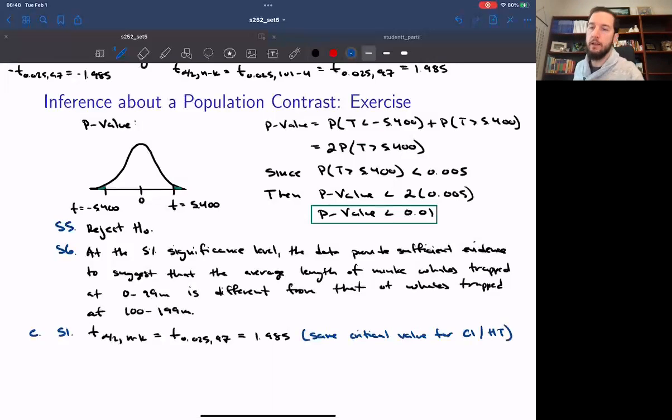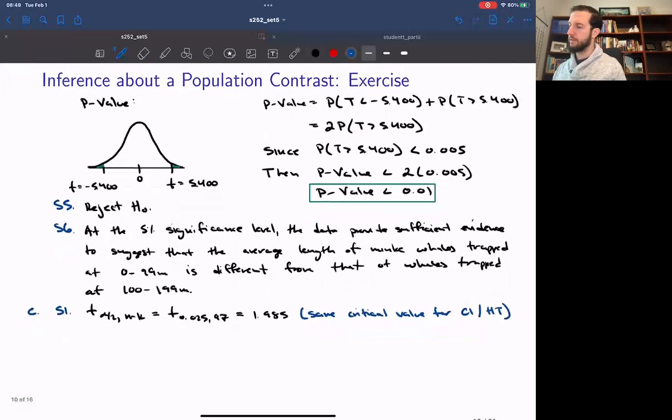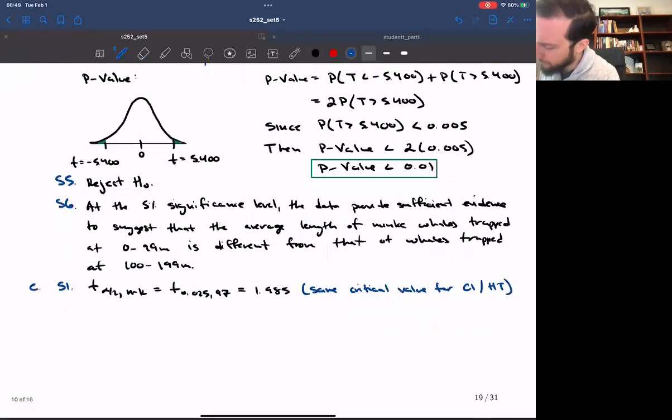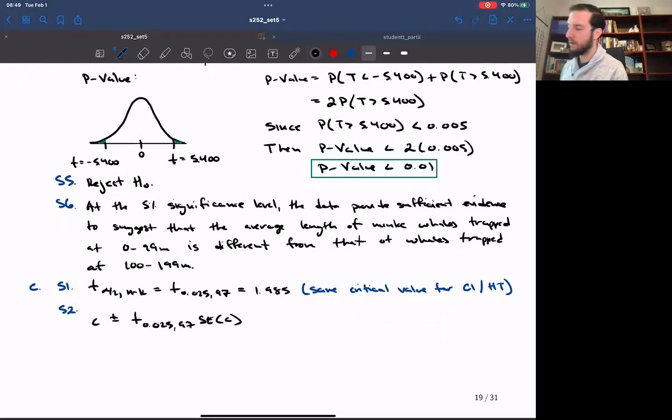Okay, so we have the same critical value for the confidence interval and the hypothesis test. So when we have the same critical value for an interval and a test, the results are going to agree. All right, that's the first thing. Now, just for clarity, if we were to build the interval, you would have c plus or minus t 0.025, 97 multiplied by the standard error of c. Okay, so you would just have to plug those 3 values in. We don't need to do that here because we know that the interval and the test are going to give the same conclusion.